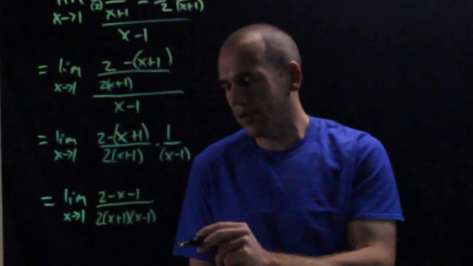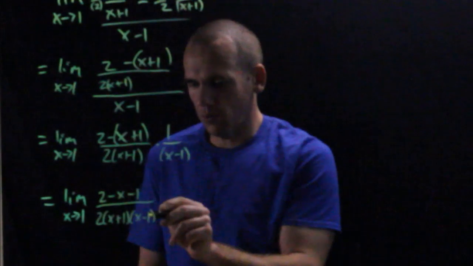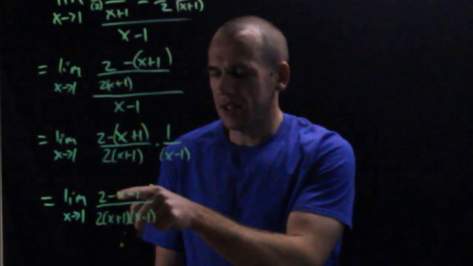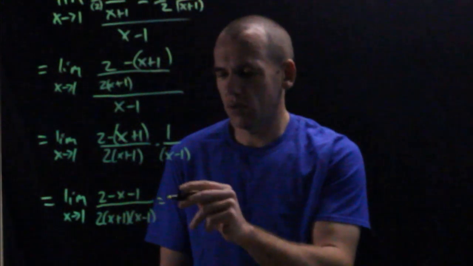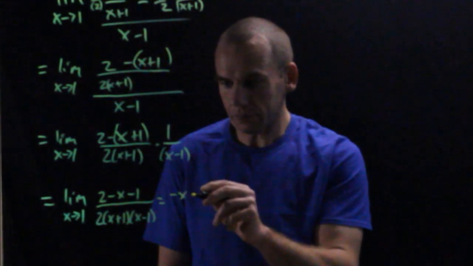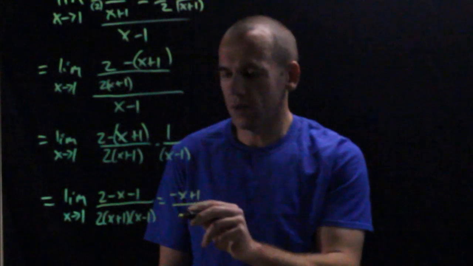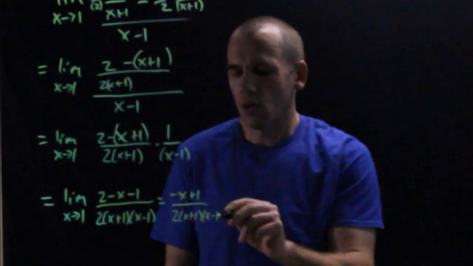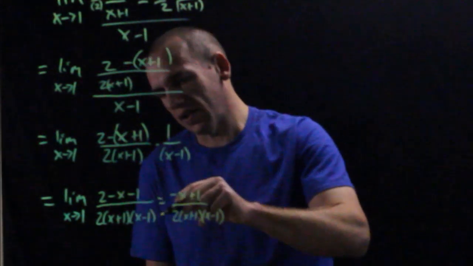Now, I still can't do direct substitution here because if I put in 1 I get 0, and if I put in 1 I get 0. But let's simplify. So 2 minus x minus 1 is equal to negative x plus 1 over 2 times x plus 1 times x minus 1. We're still not out of the woods yet. I should still have my limit in here.